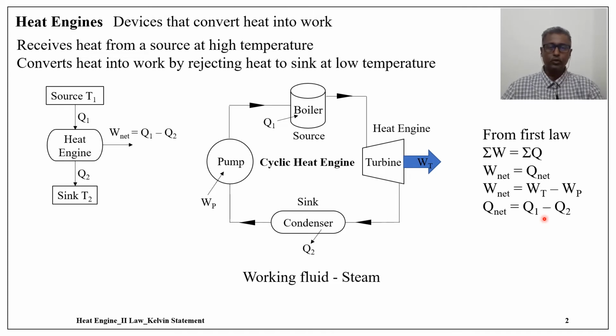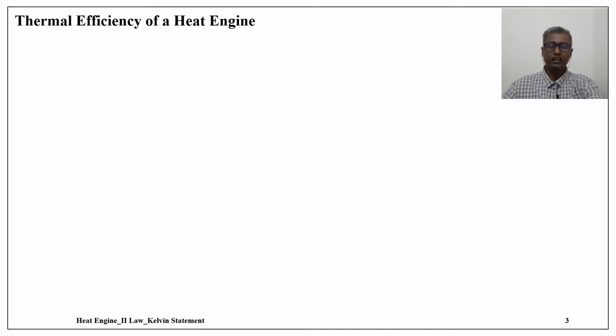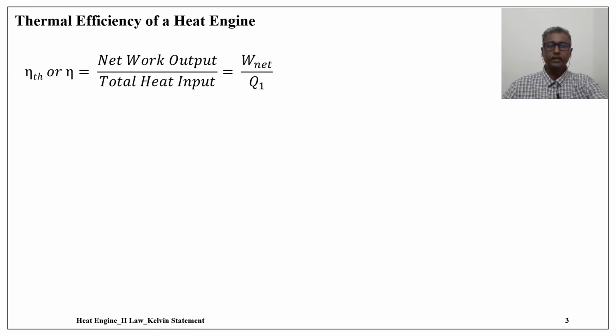So having understood how heat is converted into work, our next aim is to focus on the efficiency of a heat engine. The thermal efficiency of a heat engine is defined as net work output divided by the total heat input. Simply, efficiency equals output by input. Output here is the work delivered by the engine, maybe a turbine.